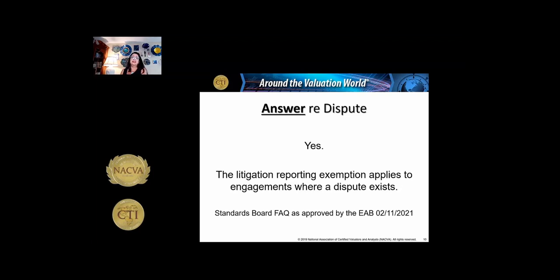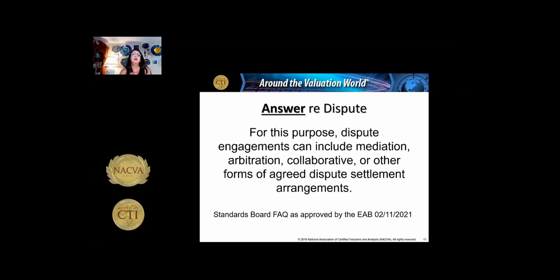And the answer is yes. The litigation reporting exemption applies to engagements where a dispute exists. They don't have to be in litigation. They can be in arbitration or mediation or any type of collaborative or other forms of agreed dispute settlement arrangements.